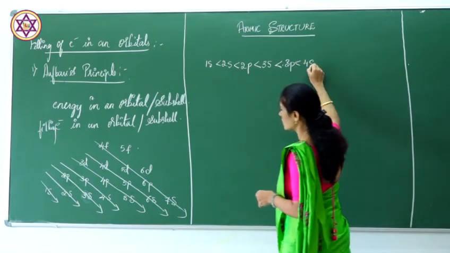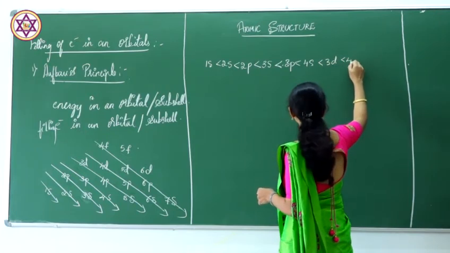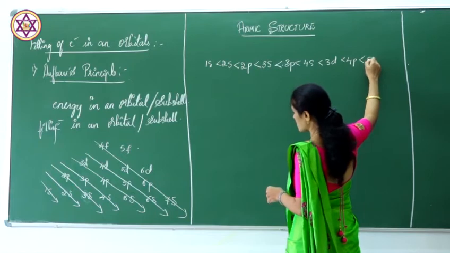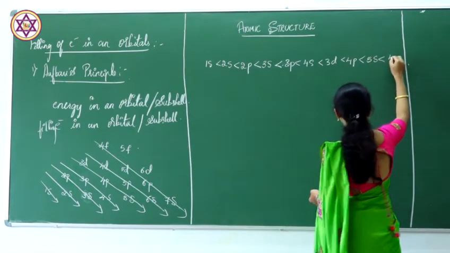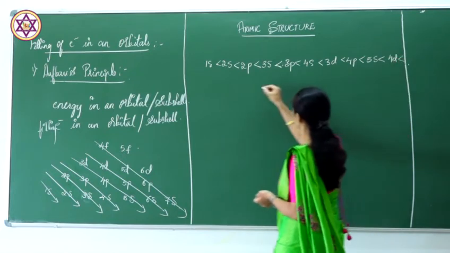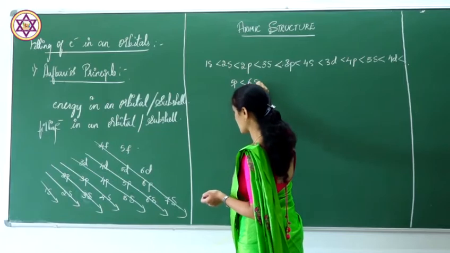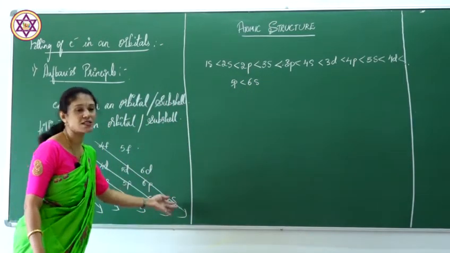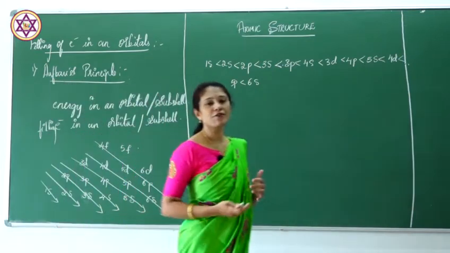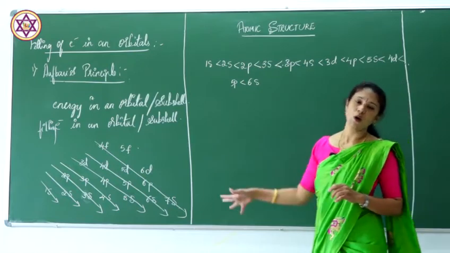After 4s, 3d, then 4p, 5s, then 4d, 5p, 6s, like this it goes on. After that 4f, 5d, 6p, 7s. Like this the filling of electrons takes place in the subshells of an orbital.